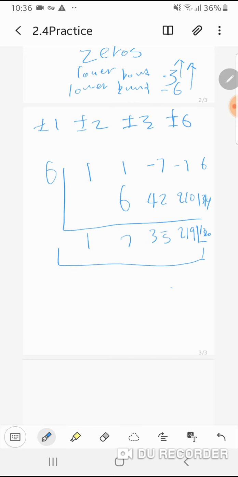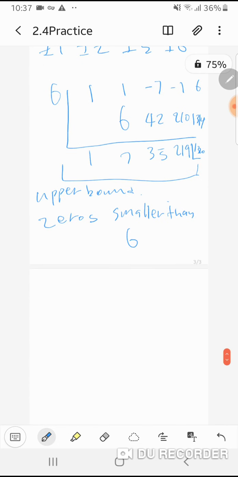Because this is an upper bound, the zeros are smaller than 6.